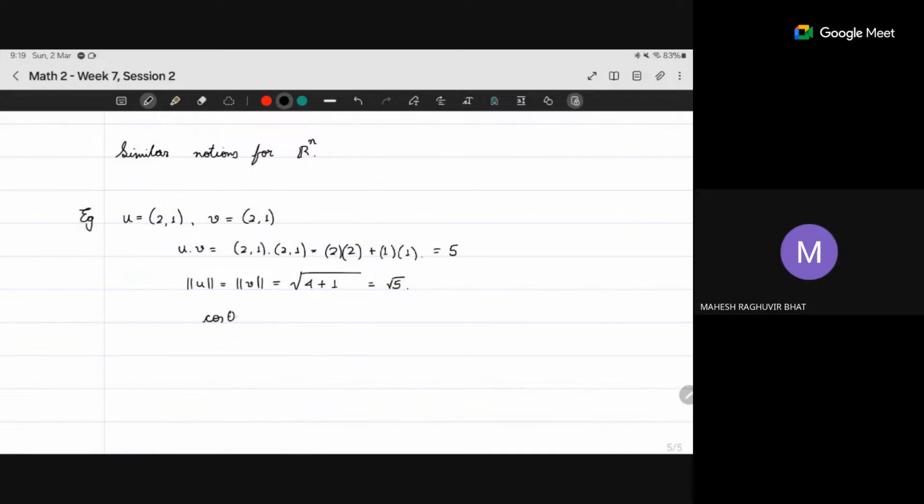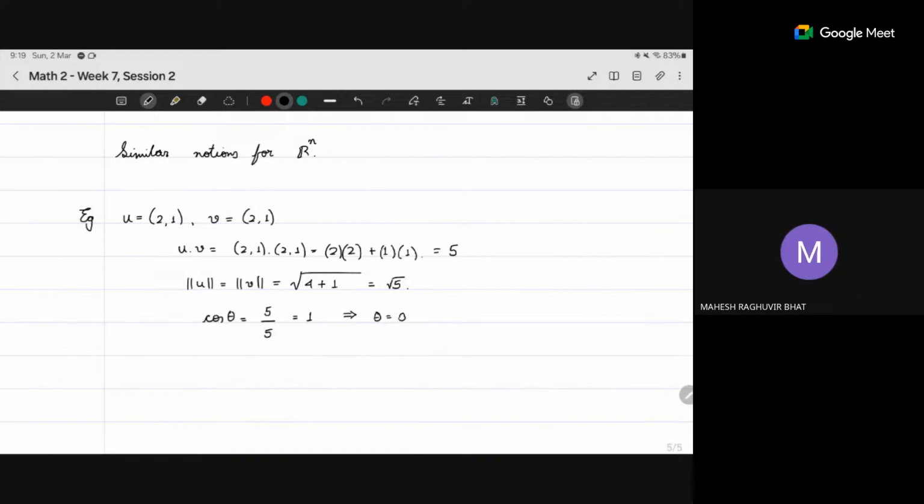So cos theta is 5 by root 5. Or no, 5 by 5. This is 1. Cos theta is 1. When is cos theta equal to 1? Cos 0. Theta is equal to 0.